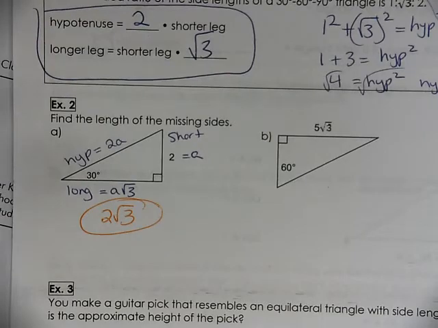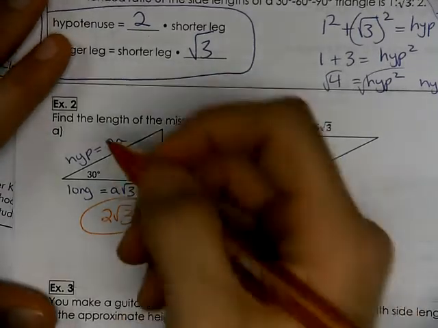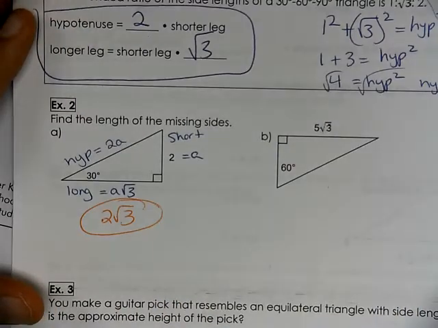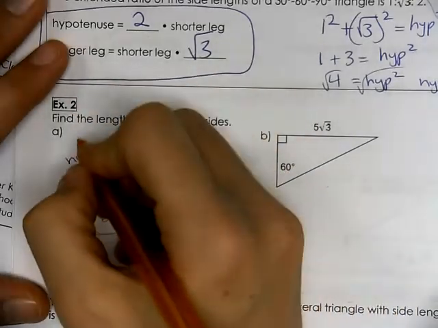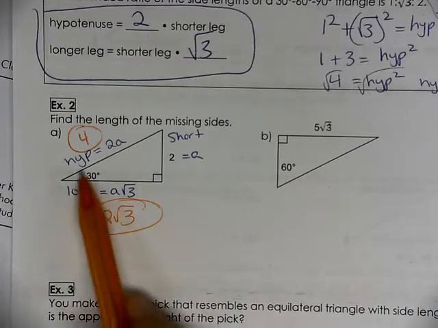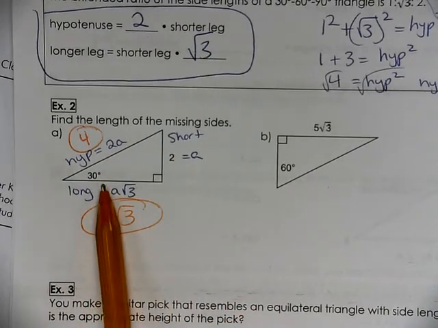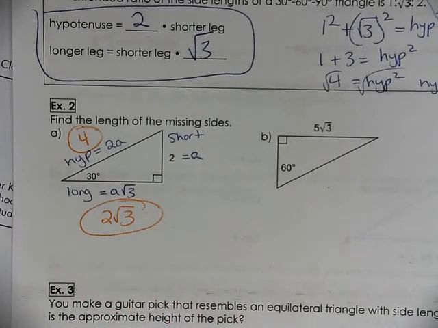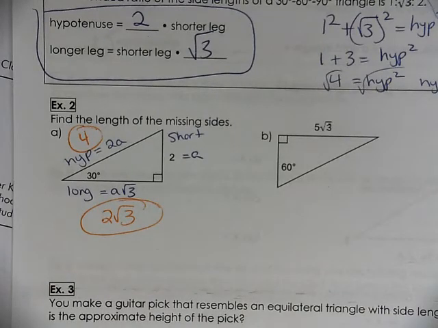What's my hypotenuse? What's 2 times 2? 4, because it's twice as big. There you go, you're done. And you know it's a 30, 60, 90 because of the 30 degree angle. Okay, that's the easy one.